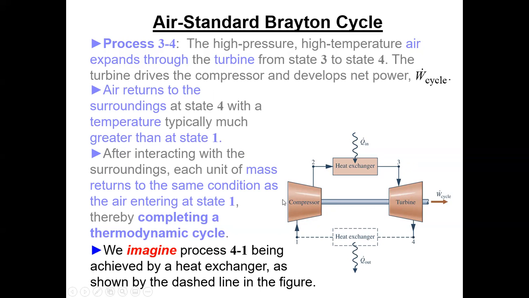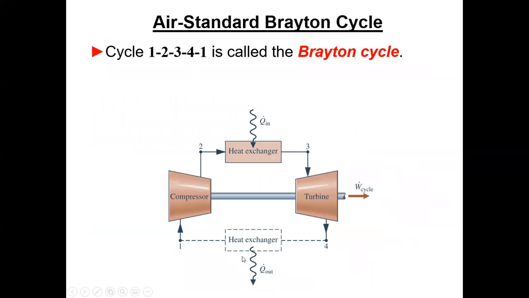So if we're going to close this with a heat exchanger, then we just imagine that this heat exchanger is there in order to get us from 4 back to 1. Okay, so this is what we mean by the Brayton cycle, the air standard Brayton cycle, 1, 2, 3, 4, 1.